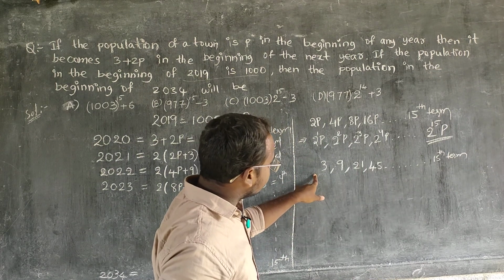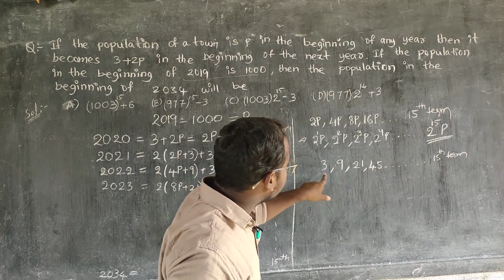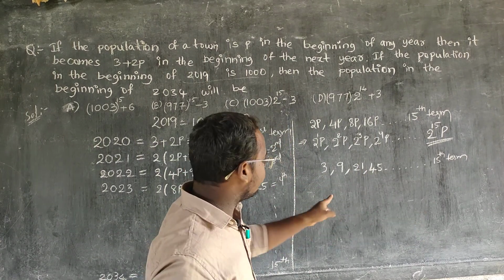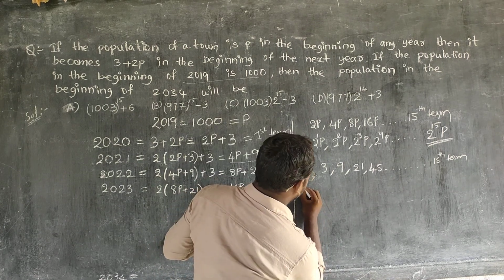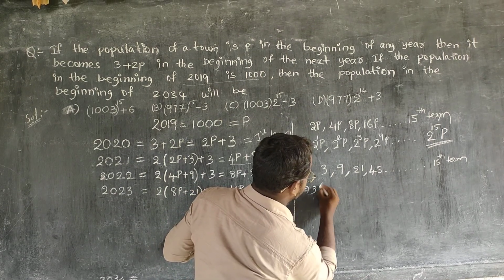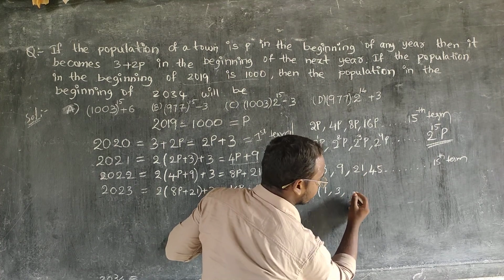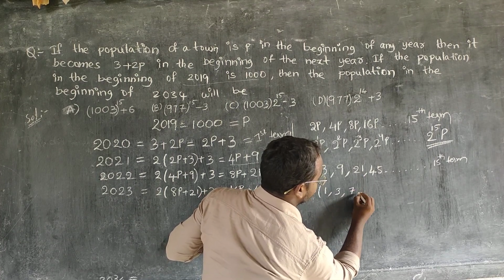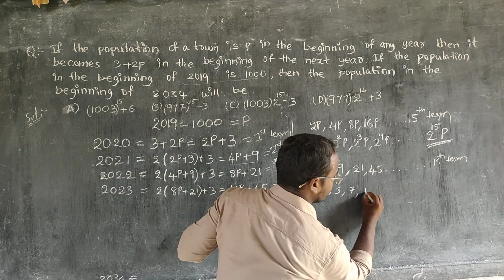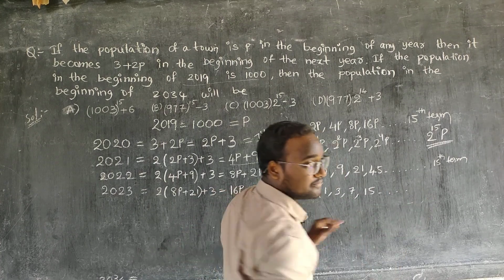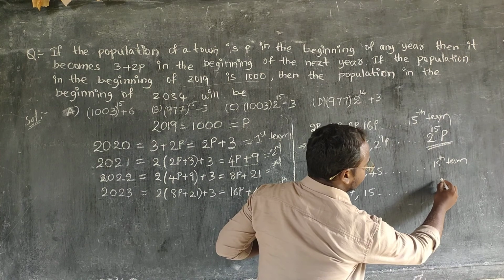See here, in every term we have a common 3. So, if we take 3 common from each term, 3 1s are 3, 3 3s are 9, 3 7s are 21, 3 15s are 45. Okay. Up to the 15th term we have to find.